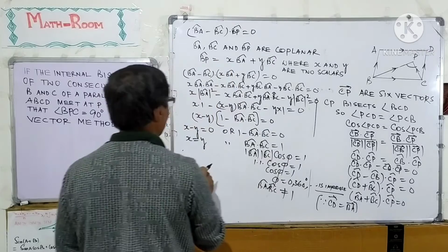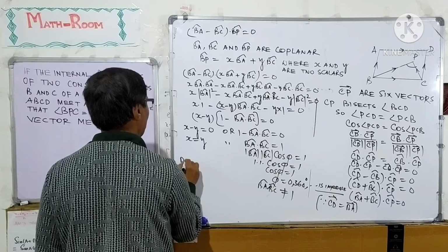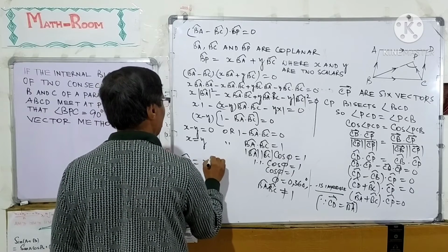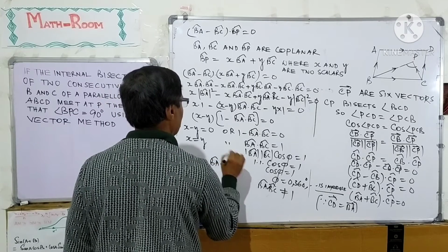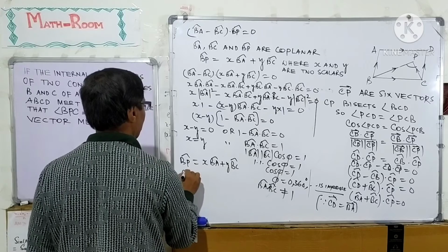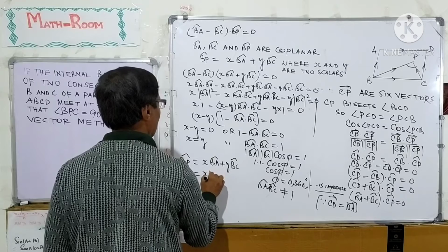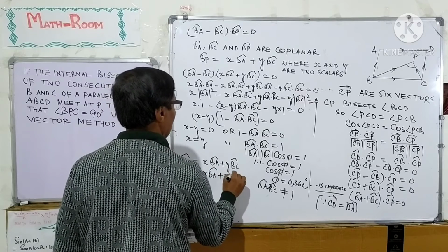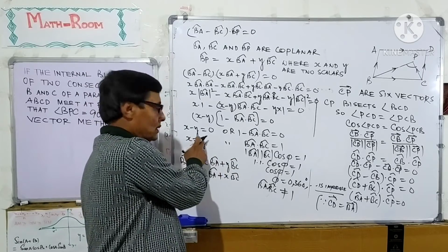So, BP cap equal to x BA cap plus y BC cap, that is BP cap equal to x BA cap plus x BC cap, because x equal to y. We have already got x equal to y.